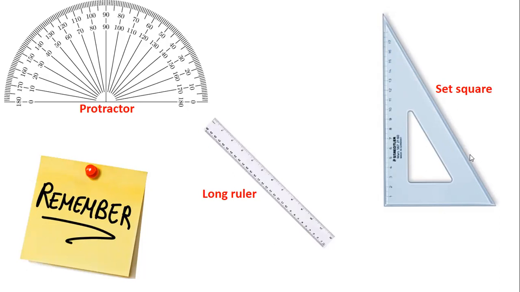So don't look at it at all. In drawing a perpendicular, you will be using the short line and the vertical line. You put your set square on the line using the short line, and when you draw a perpendicular, you draw it through the vertical line.